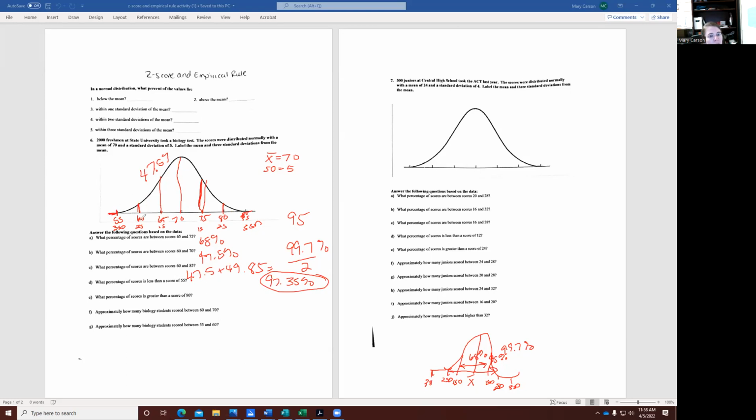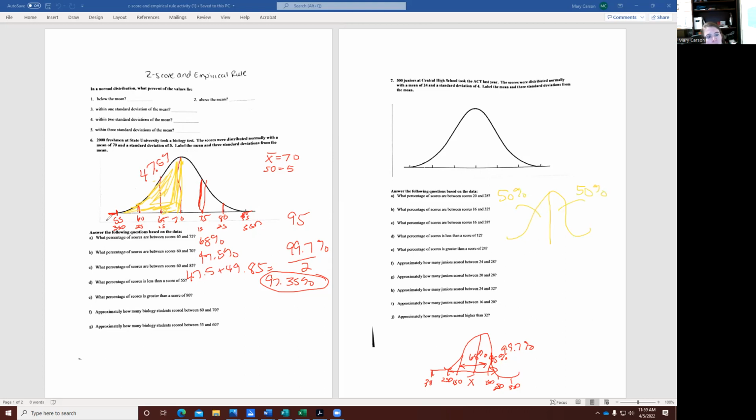Think about a normal curve: half of it is 50%, and the other half is 50%.